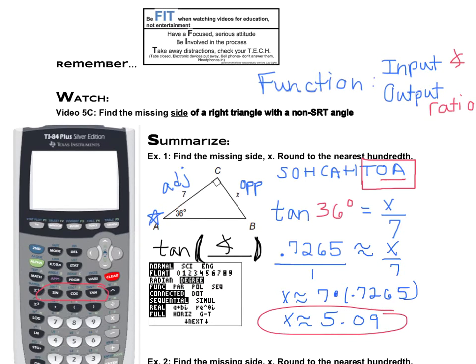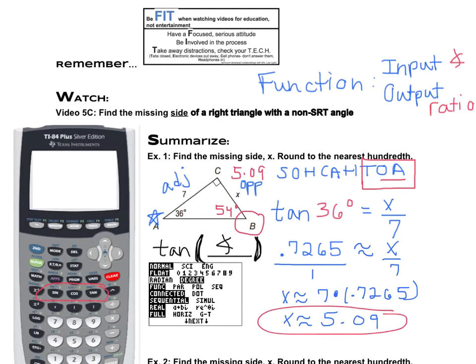Now I have to make sure this makes sense, because I want to see whether the 5.09 in the picture really makes sense as a final answer. Well, if I were to think of what this angle B would be in the corner, I can do a quick subtraction and take 36 out of the 90 that's left and realize that this is going to be a 54-degree angle.